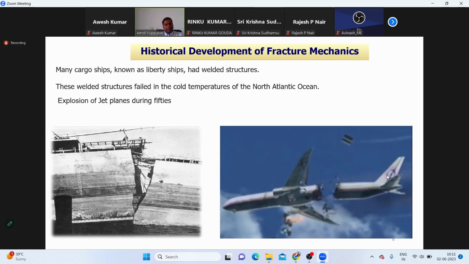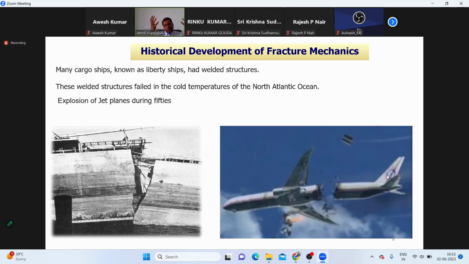There are other instances also that took place. For example, there are ships called cargo ships or liberty ships. Those ships were primarily made of welded structures. Initially, before welding was even invented, ships were made of riveted structures. Slowly, the riveted structures were replaced with welded structures, but welding brought many issues. These welded ships, when traveling in the Atlantic Ocean from the USA to Germany, were traveling in cold water, and the base of the ship had hot oil.